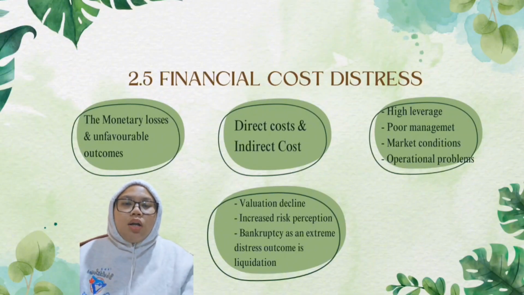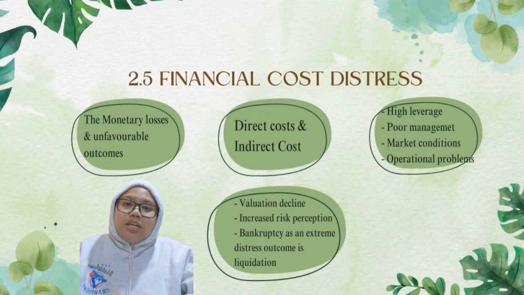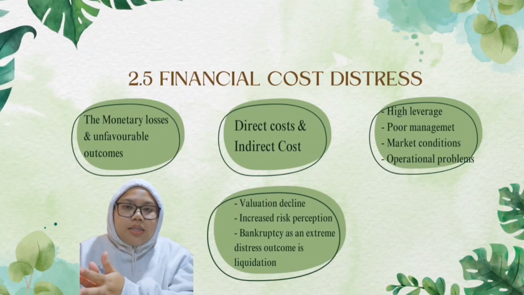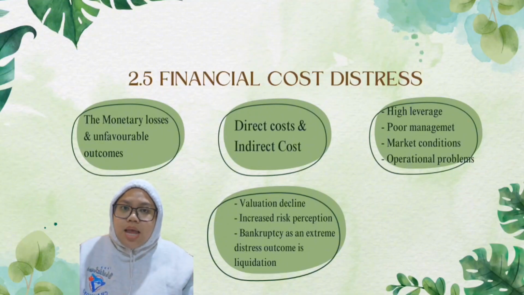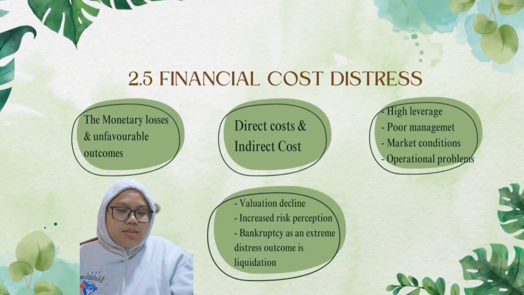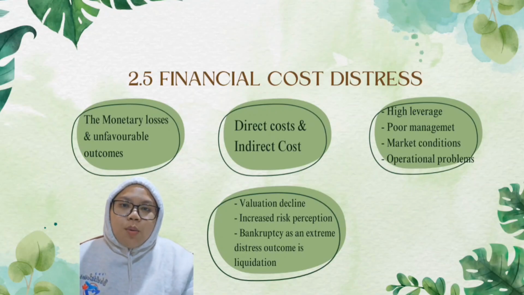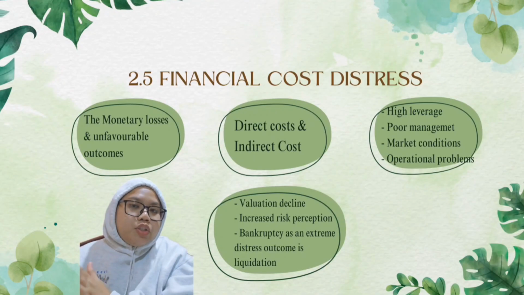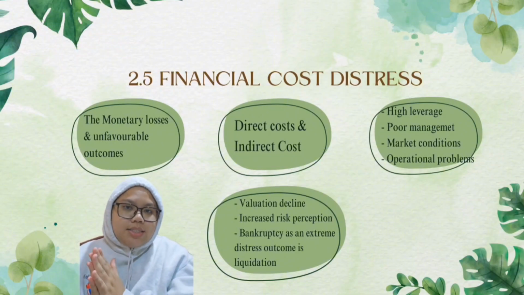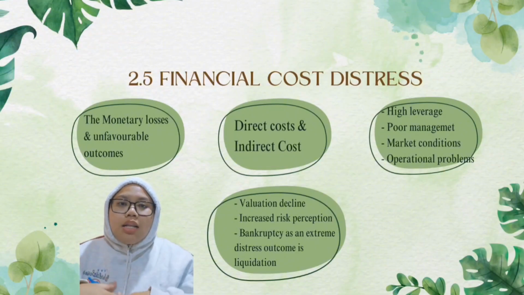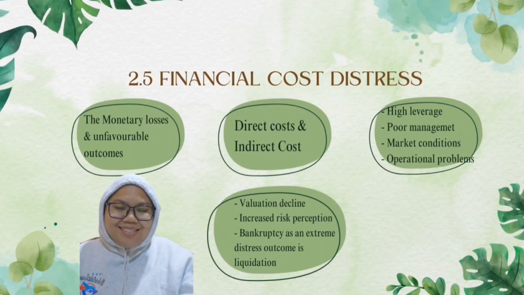Third is market conditions, where a company may experience financial difficulties as a result of decreased revenue and profitability brought on by market shifts, industry-specific difficulties, or economic downturns. Last is operational problems like inefficient production, interrupted supply chains, or deteriorating product quality, which can all lead to financial troubles.